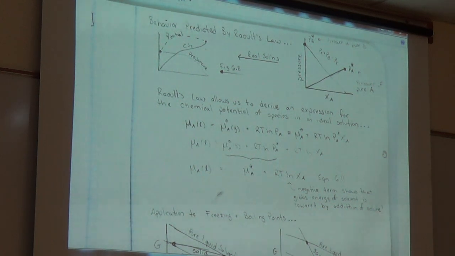For Henry's law, so I'll put the two laws together. For Raoult's law, we said that the pressure is equal to P star times the mole fraction. For Henry's law, we're going to say that the pressure is equal to something called the Henry's law constant times the mole fraction.